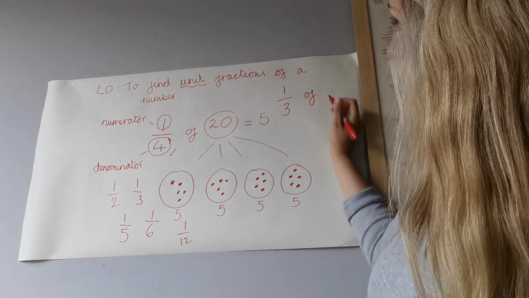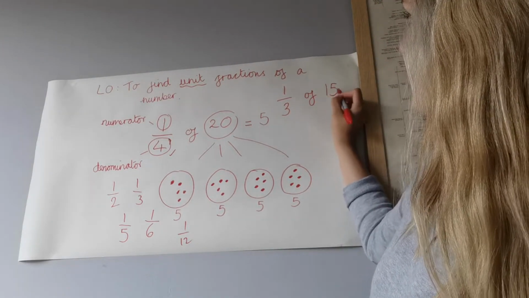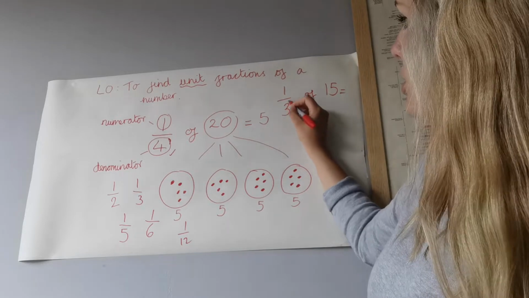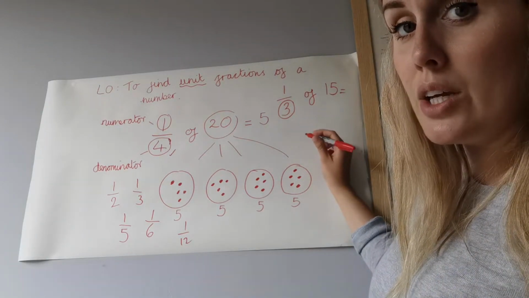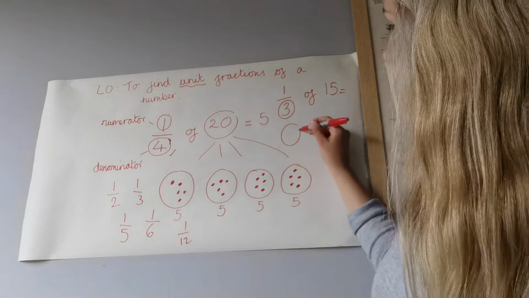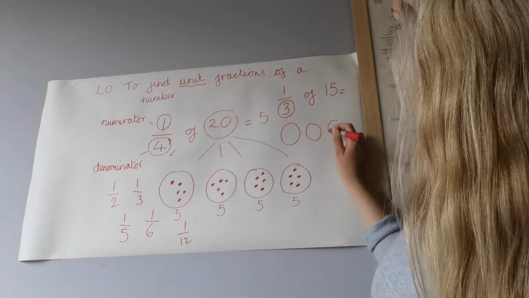I'm going to do 1/3 of 15. The denominator tells me I need to split it into 3 groups, 3 equal parts. So 1, 2, 3.